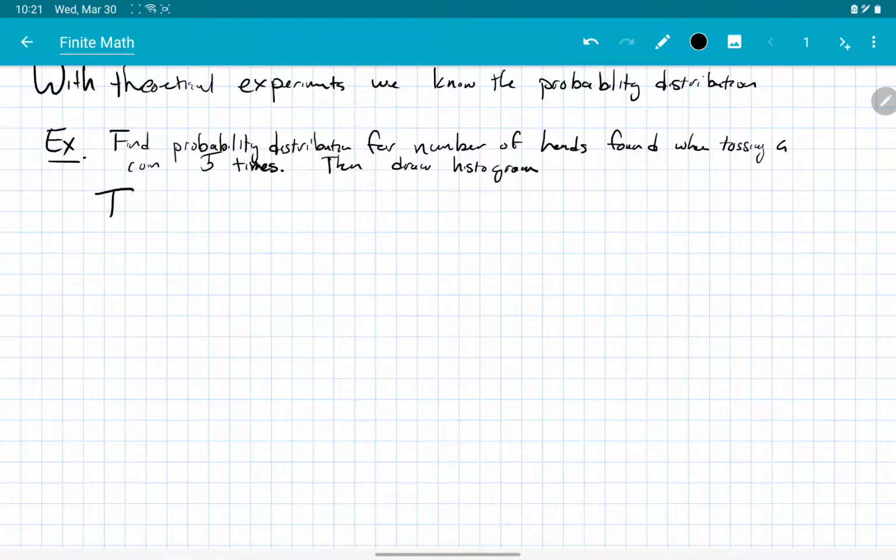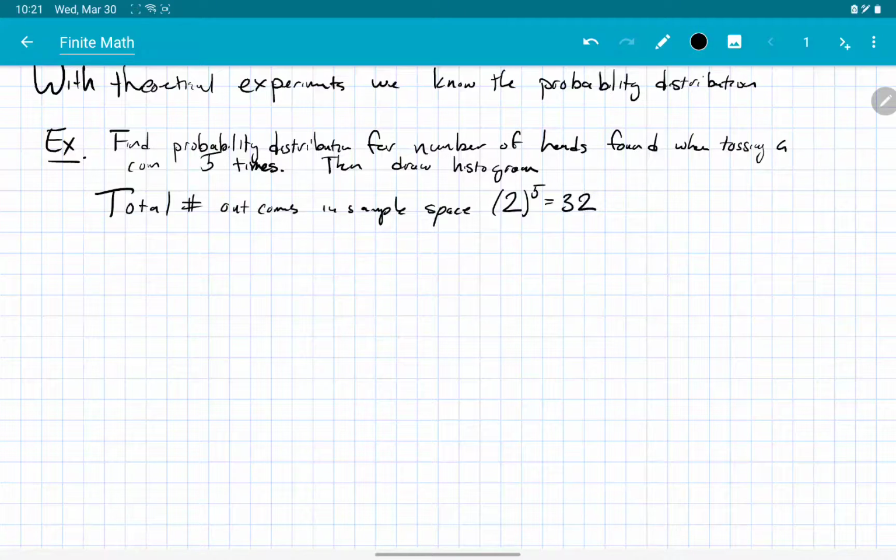So the total number of outcomes in the sample space, we're tossing a coin five times. There's 2 possible outcomes, so this is going to be 2 to the 5th, which is 32. There's 32 total outcomes.